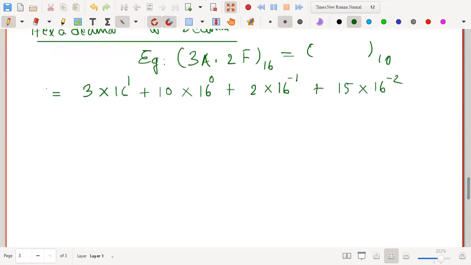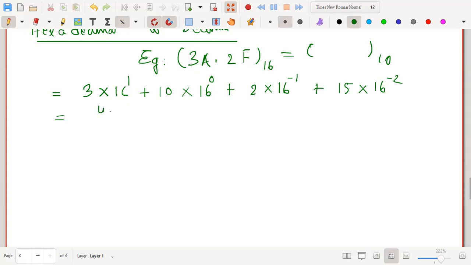Anyway, let me just write down the values here, what we are getting. So I will have 16 into 3. How much is this? 48.